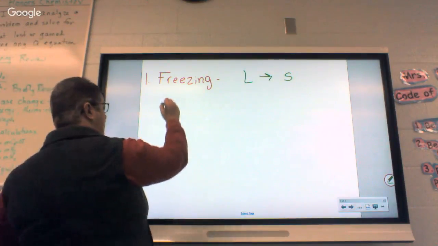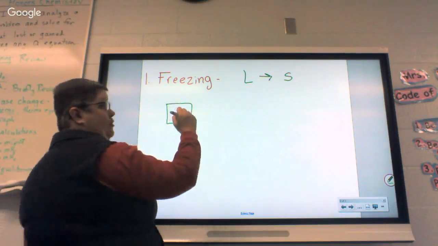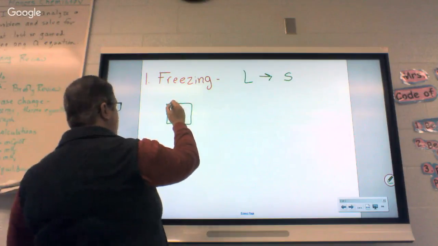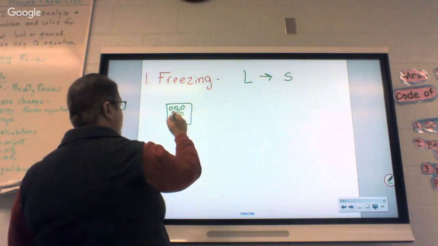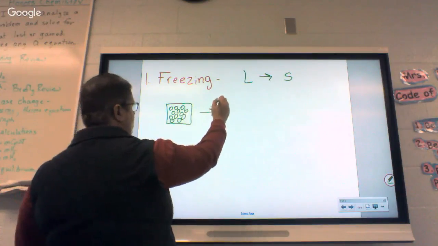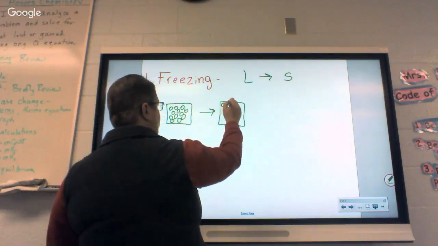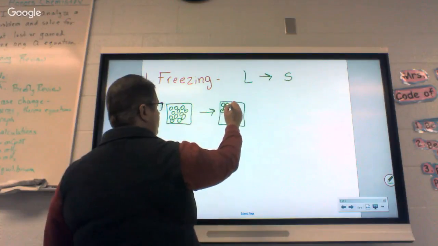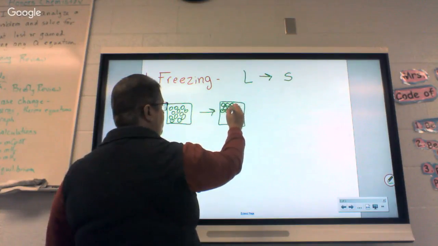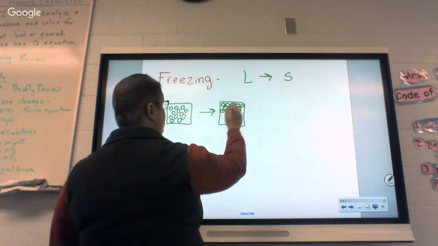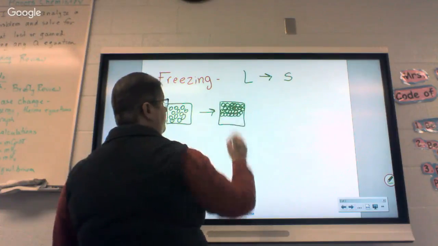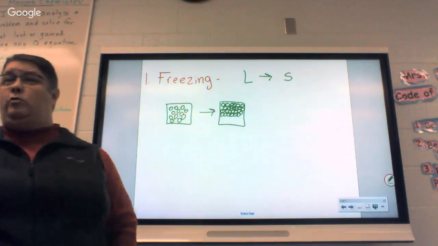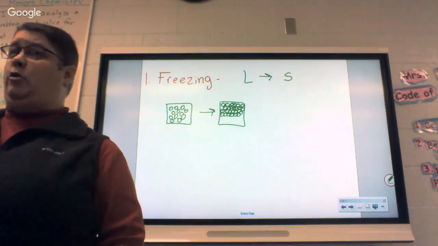So, when you think about, and I'm not going to draw these pictures of all these phase changes today, but if you think about the way the liquid looks, and you think about the way a solid looks, no, the size of the particles doesn't change. The size of the particles stays the same.